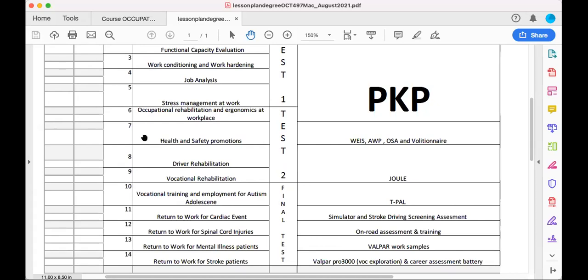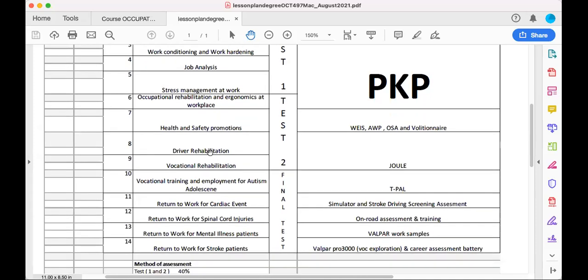As an OT, we also have to know about health and safety promotion at the workplace, and also how to identify hazards, all that. So it's very important. This topic covers it. Then at week 8, there is driver rehabilitation. So people who suffer stroke, how we assess them, how we manage them, how we train them under this topic.